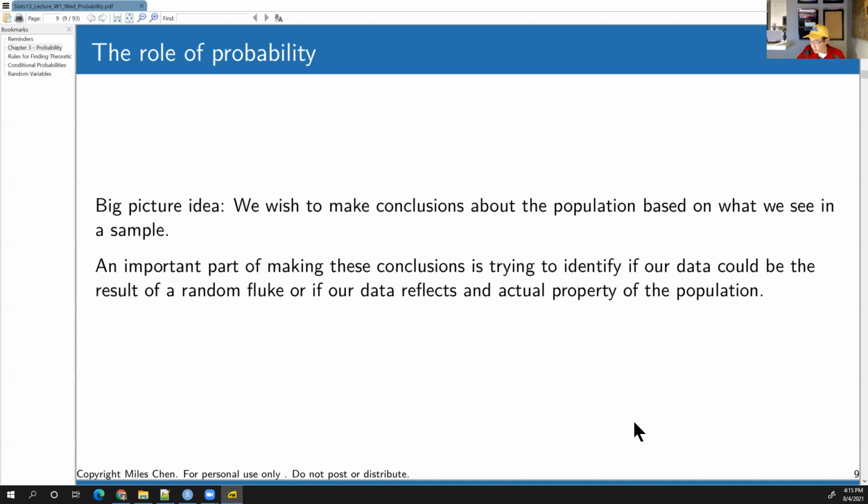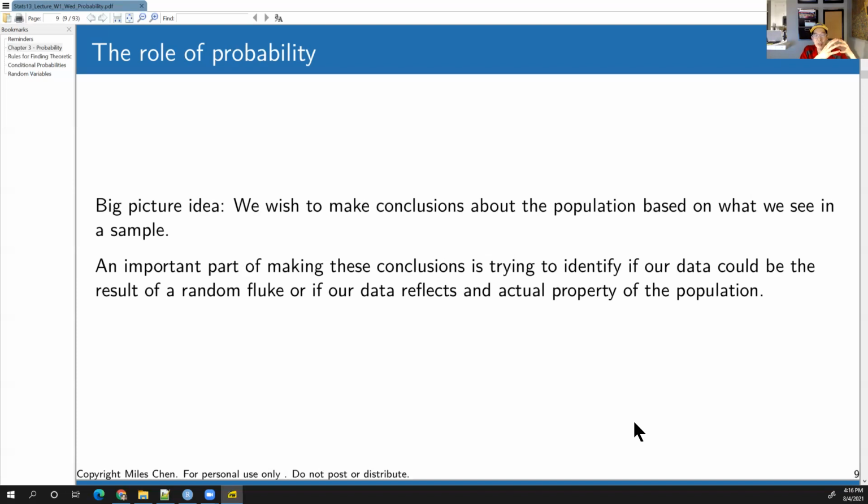Basically, as far as statistics goes, the whole idea of statistics is that we want to make inferences. We want to look at a sample and make conclusions about the population based on what we see in that sample. And a key idea there is when we notice some kind of phenomenon happening in the sample, we want to be able to distinguish: is what we're seeing a random fluke?